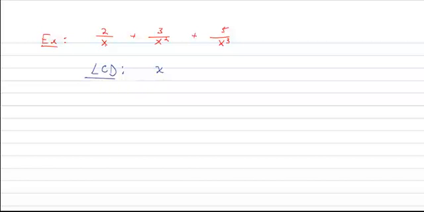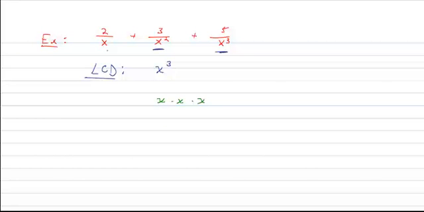It only occurs once, but now we have to look at every other denominator and find out the most number of times it occurs as a factor. So it's once in the first one, twice in the second one, but 3 times in the third one. So our LCD is x cubed. Let's relook at that. The LCD is x cubed, which means it's x times x times x.